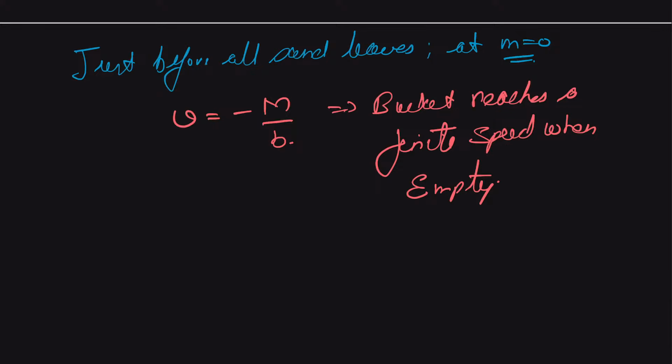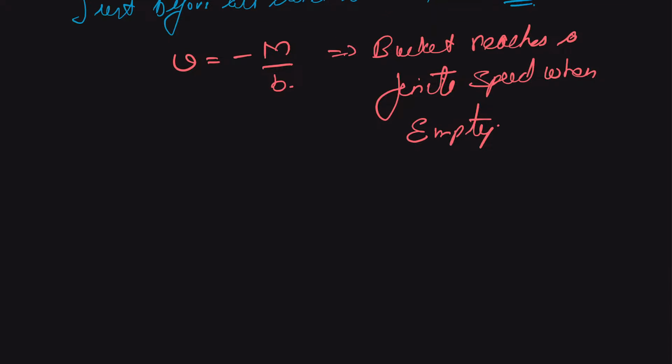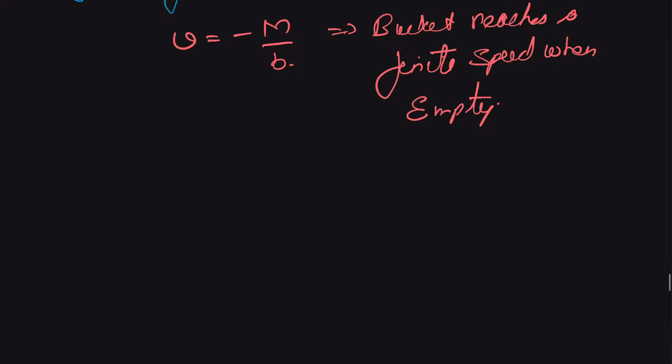Now we can also find the position, that is, the value of x with respect to time and mass. This is part C, position as a function of time and mass.